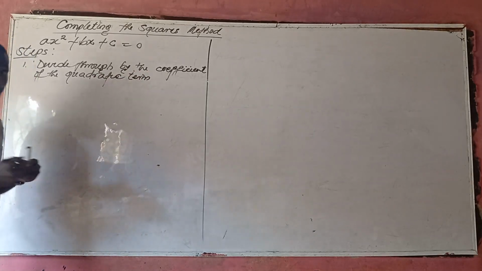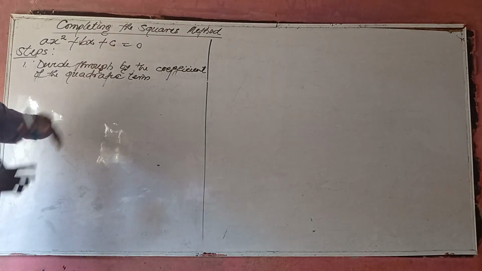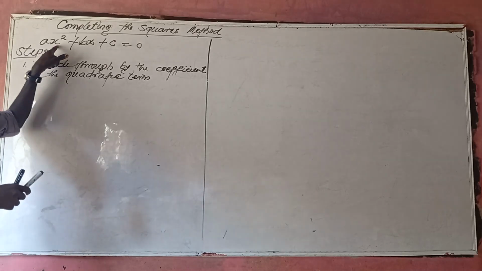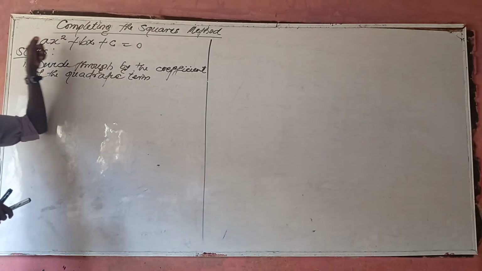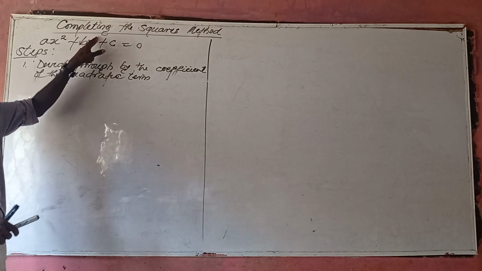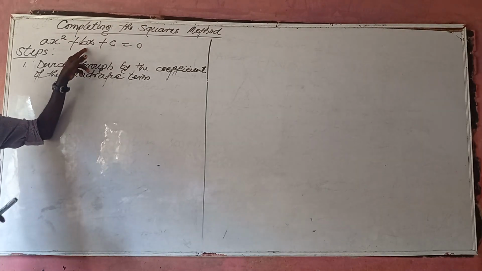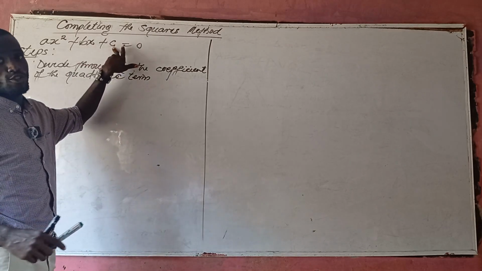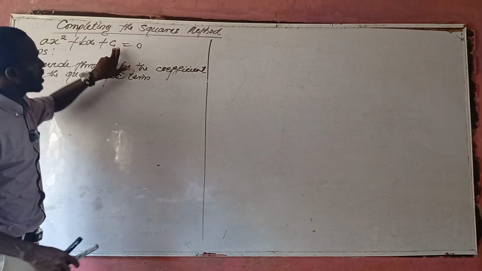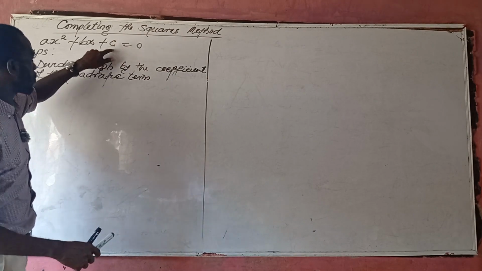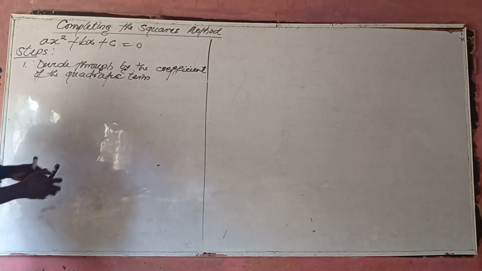Now, you have to therefore know how to describe all the terms. The term that has x squared is called the quadratic term. The term that has x raised to the power 1 is the linear term. The term that has x raised to the power 0 is the constant. So that's why x is not appearing here. Constant, linear, quadratic term.